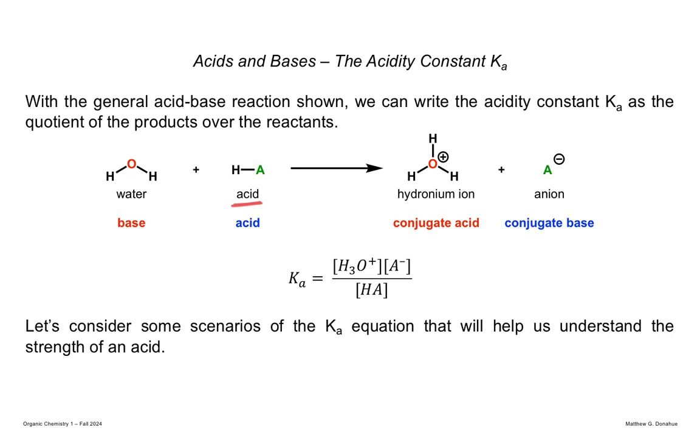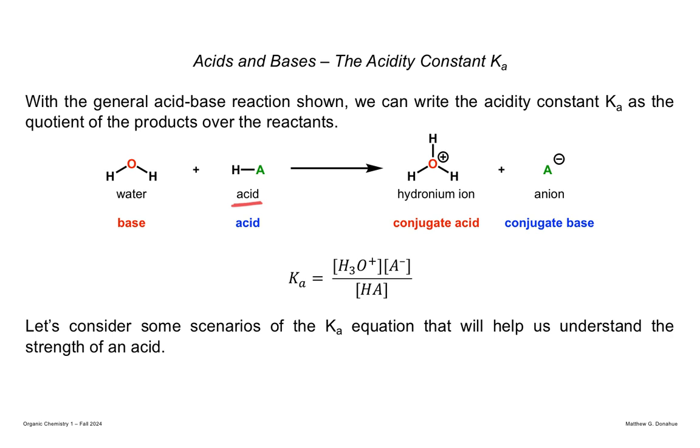If you remember Avogadro's constant, Avogadro's number, it's pretty big, right? 6.02 times 10 to the 23. And so when we're talking about these numbers for this equation, those numbers can be really huge or really small.